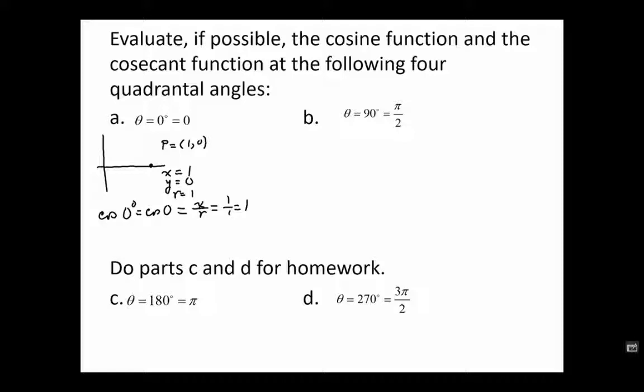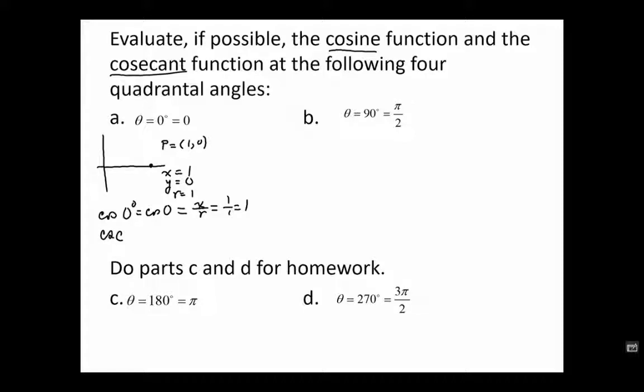And now in part B, we also want the cosecant. So we have the cosine, let's find the cosecant.